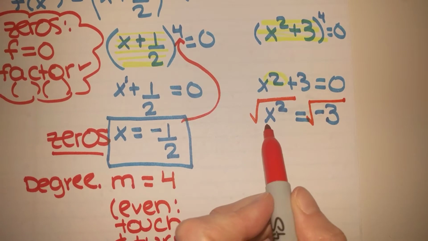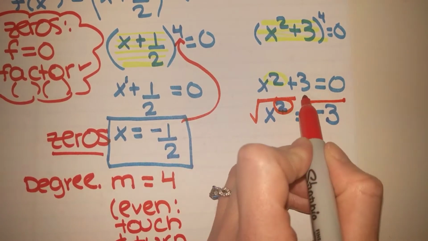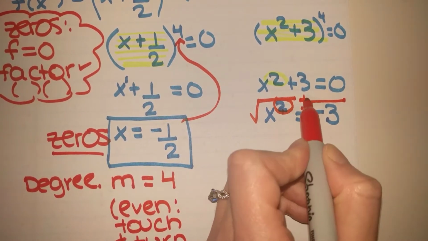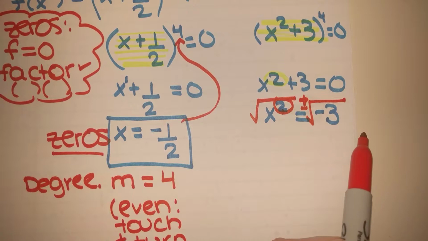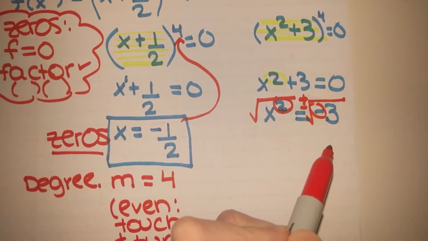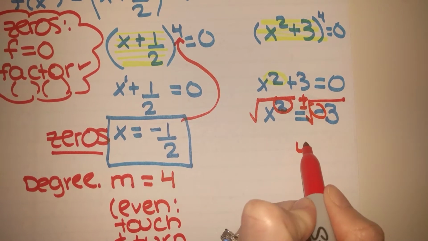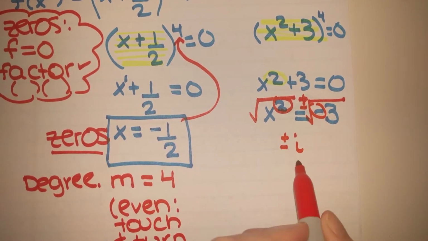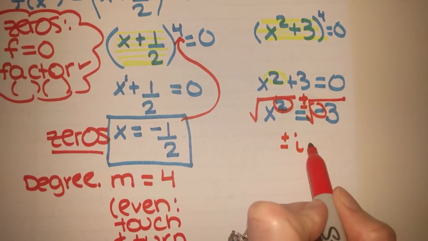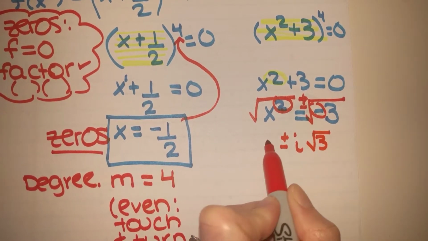Now, when we take a square root of both sides, because we have a 2 power, we need to have 2 answers. So we add a plus or minus, and that gives us plus or minus the square root of negative 3. Now, when you simplify this negative inside of the radical, the even square root is going to become an i. So we really are finding that the zero is plus or minus i square root of 3.